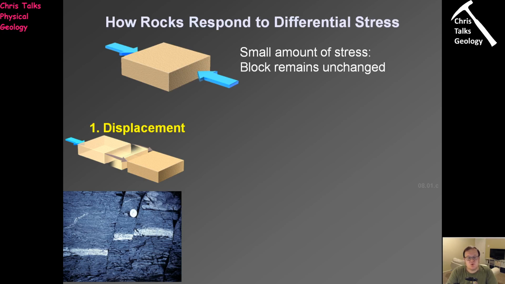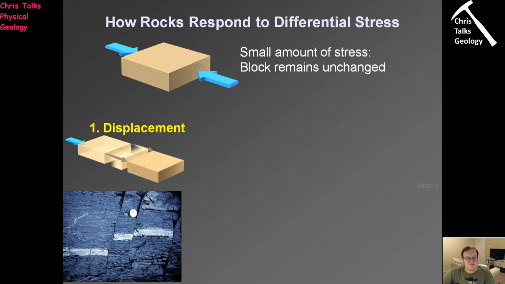The first one is what we refer to as displacement. And so displacement is a brittle feature of deformation, so it's not ductile, it's brittle, and it's produced by pieces of rock moving. So as you can see, this piece of rock here started in this position, it has now been displaced, and you can see it here in this position.